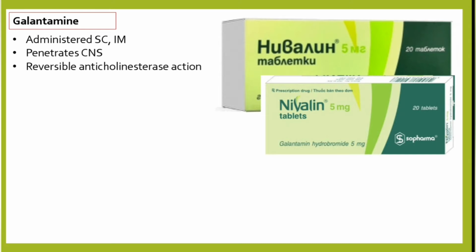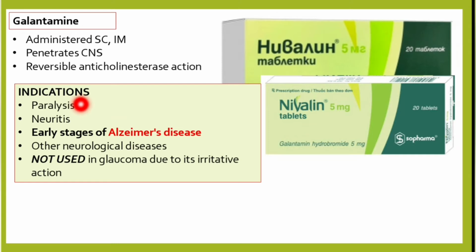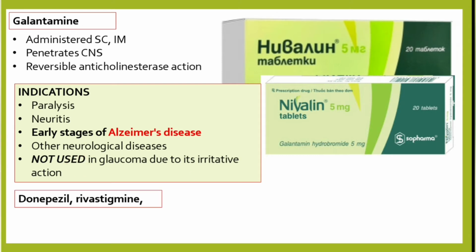The main indications include paralysis, neuritis, early stages of Alzheimer's disease, and other neurological conditions. This drug is not used in glaucoma due to its irritative action, right? So galantamine is not used in glaucoma. Other drugs which you also use for Alzheimer's disease include donepezil and rivastigmine.